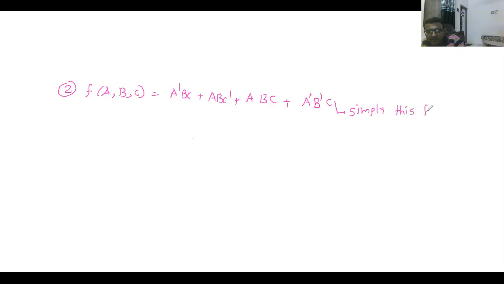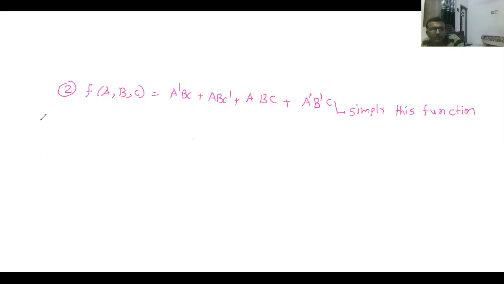f of a comma b comma c equal to a dash b c plus a b c dash plus a b c plus a dash b dash c. Now simplify this function. Question asked like that. Simplify this function.